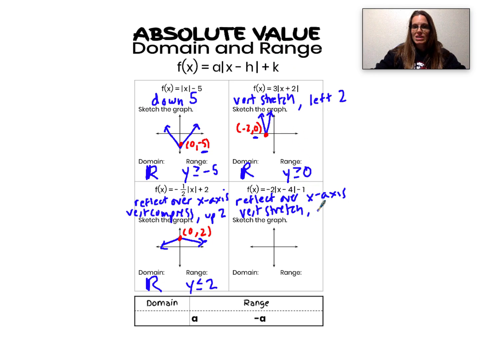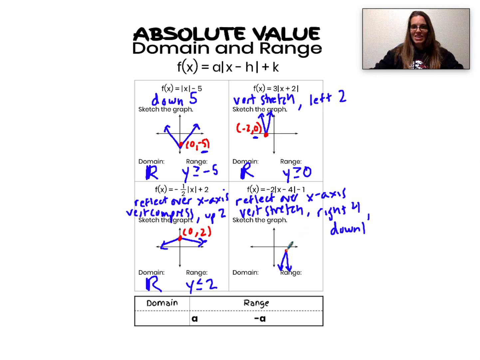So minus 4 is not left, it is right 4. And then outside the absolute value bars, I have that minus 1, so that is down 1. Okay, I need to draw a steep, reflected graph that is right 4 and down 1.